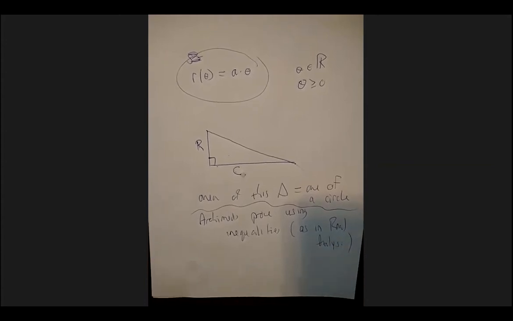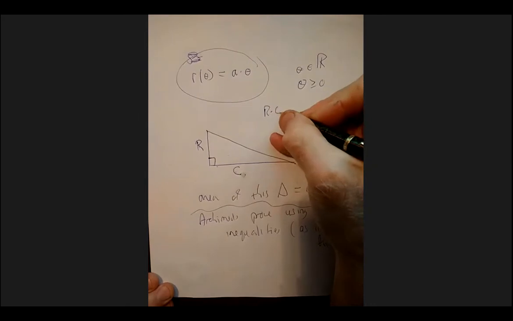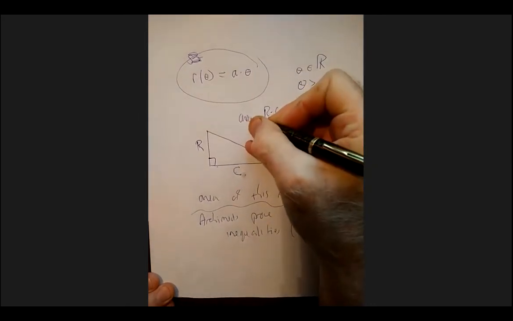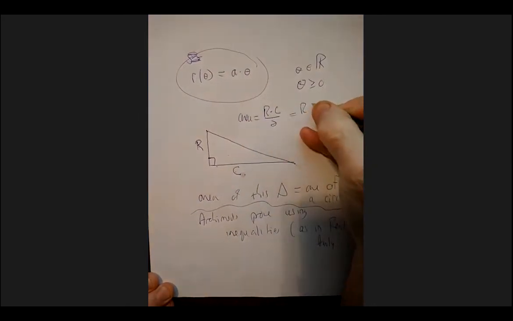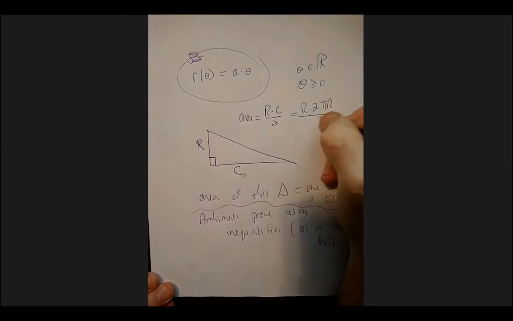Everybody with me on that? You get the area? R times C, that's the area of the triangle, R times 2 pi R over 2, which is pi R squared.